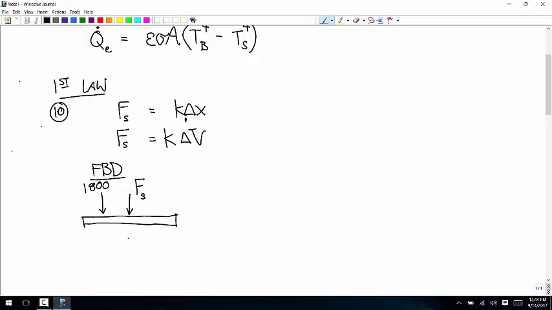And then the only force applied from the bottom is the pressure in the gas times the area of the face. And so Newton's second law says 0.18 times the pressure has to be balanced by 1800 plus F sub S.